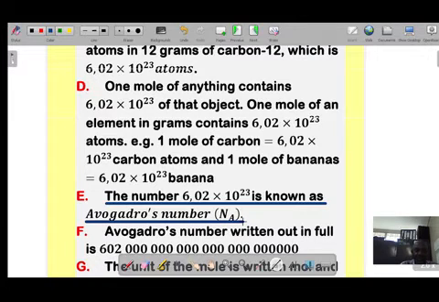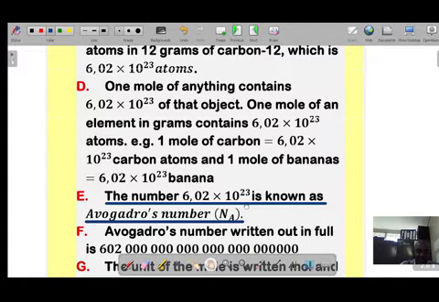And in chemistry, we abbreviate it as NA, A for Avogadro, N for the number. That number is 6,02 times 10 to the power 23, which represents the amount of substances in what? In 1 mole. Alright, let's proceed.